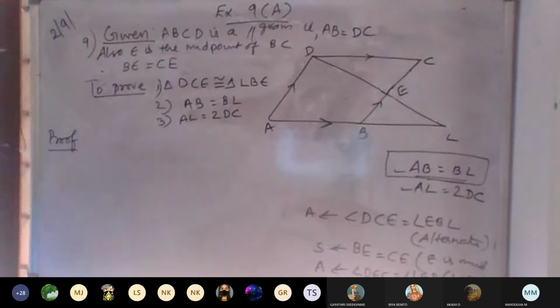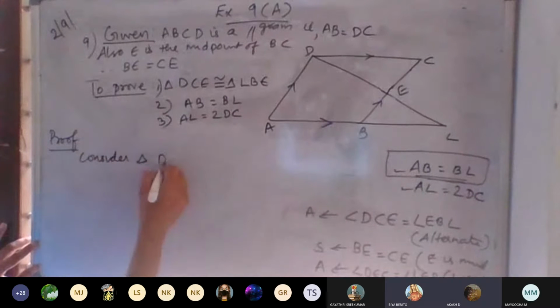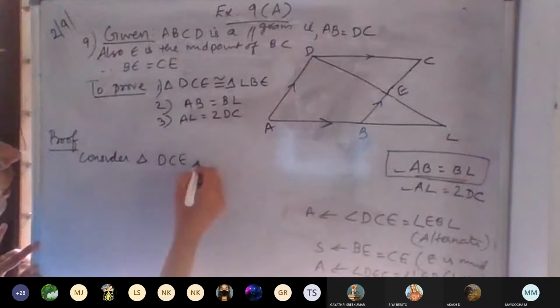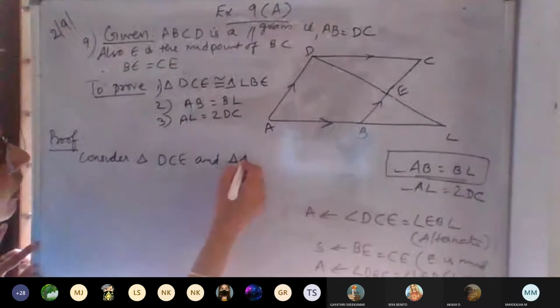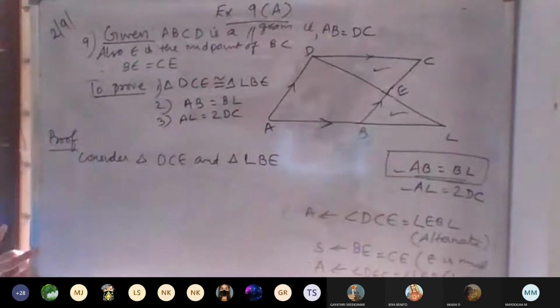Start. Consider triangle DCE and triangle LBE. These two triangles we are considering. Then ABCD is a parallelogram, already given, so BC is the transversal.